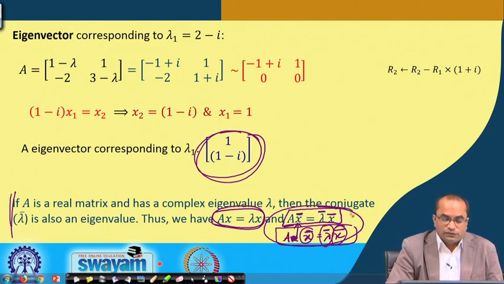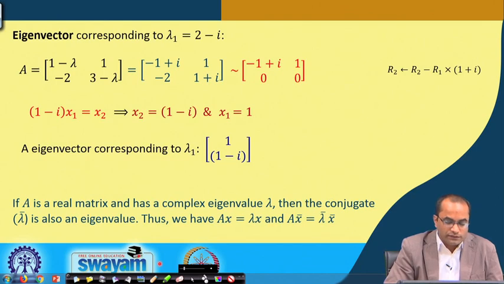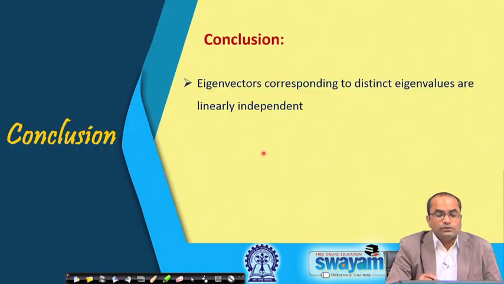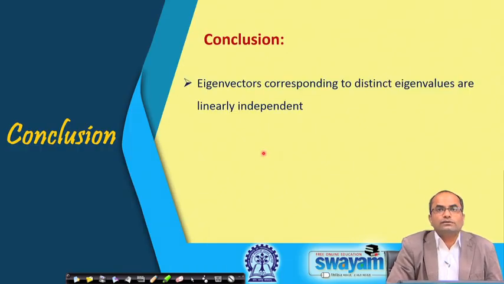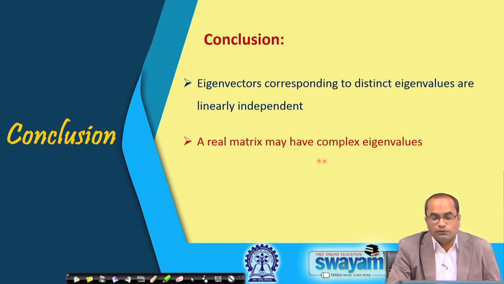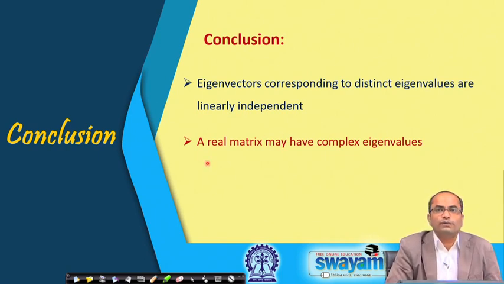So, that is an interesting result we have about the complex conjugate eigenvalues. In this case the eigenvectors corresponding to distinct eigenvalues are linearly independent. This is what we have observed, at least in the numerical calculations we had, and also that a real matrix may have complex eigenvalues.